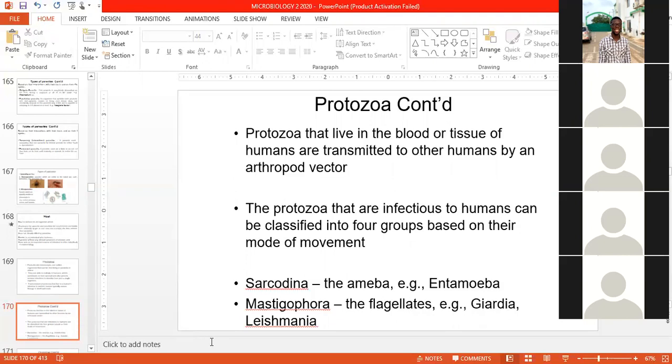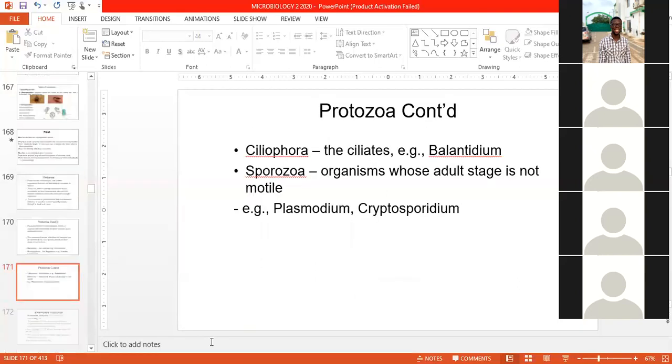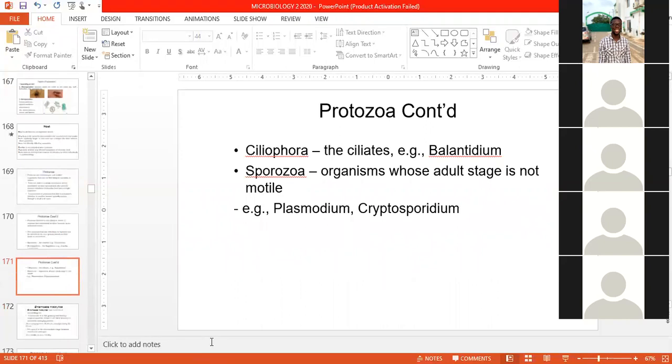The mastigophorans are those with flagella, for example Giardia and Leishmania. Then we have those with cilia, for example Balantidium. Then we have the Sporozoa, whose adult stage is not able to move, for example Plasmodium and Cryptosporidium.